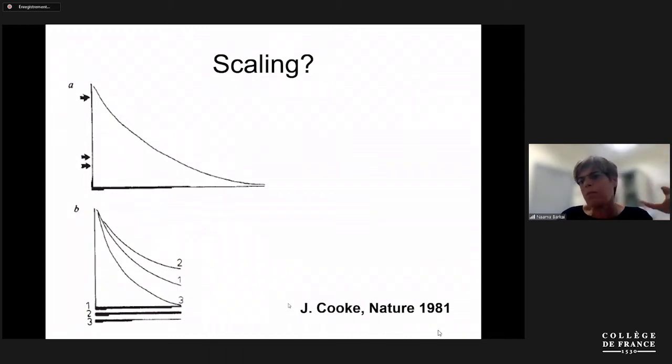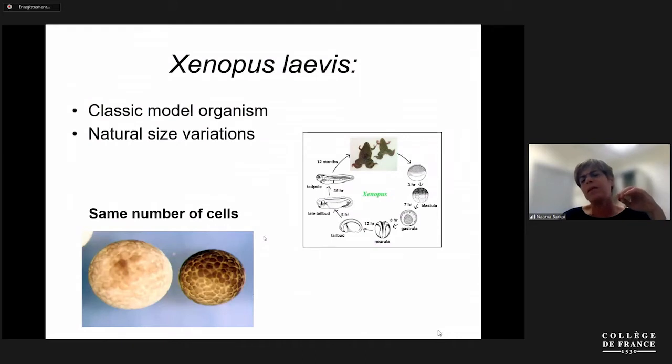This was pointed out by Jonathan Cooke, in a paper from 1981 that I found really seminal. So why was Jonathan Cooke interested in this, and why did he show this? He was looking at a system that is a central example for scaling. And this is the toad, Xenopus, the frog.